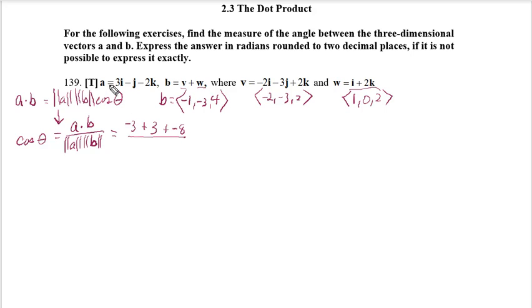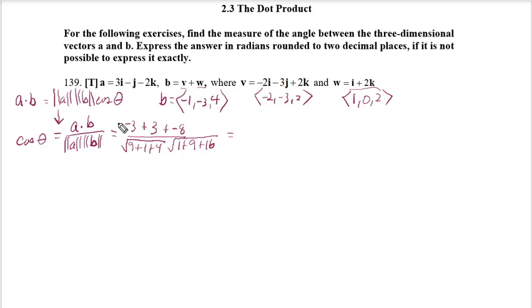The magnitude of A would be 9 plus 1 plus 4, and the magnitude of B, 1, 9, and 16.